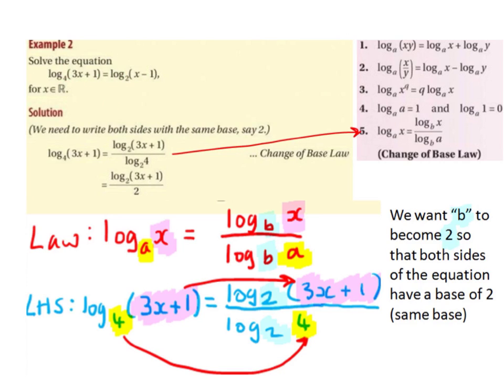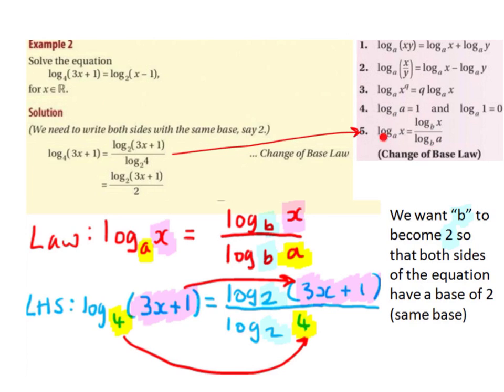log base 2. And in order to change the base of one of our logs, we have to use the change of base law, which is law number 5, which says that log base a of x is equal to log base b of x divided by log base b of a.